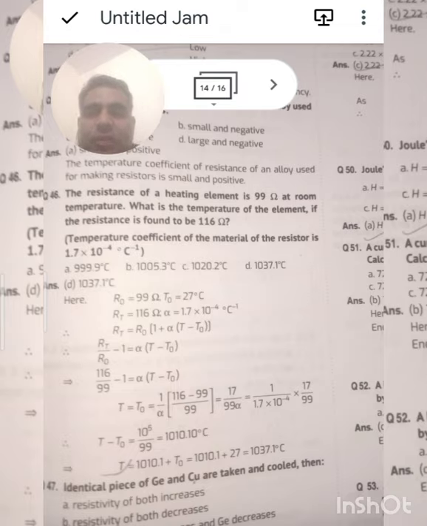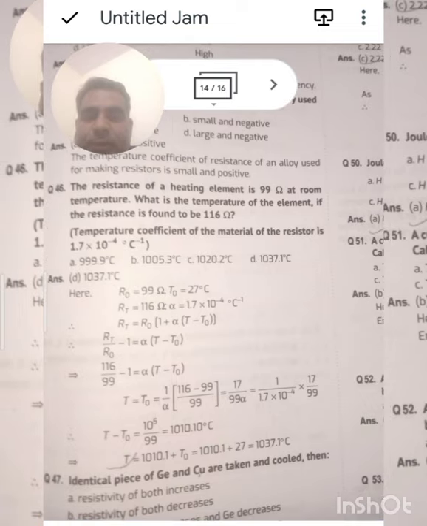The temperature coefficient of the material of the resistor is 1.7 into 10 raised to the power minus 4 per degree Celsius. So R0 is given, T0 is given, R is given as 116. RT upon R0 minus 1 is equal to alpha into T minus T0. 116 upon 99 minus 1 is equal to alpha into T minus T0.